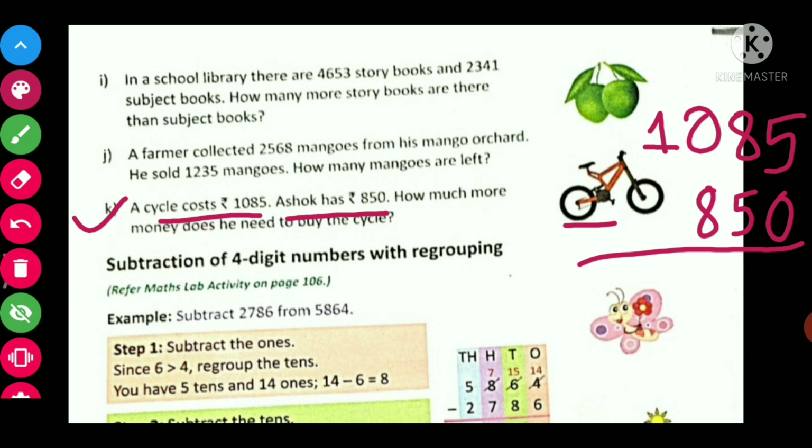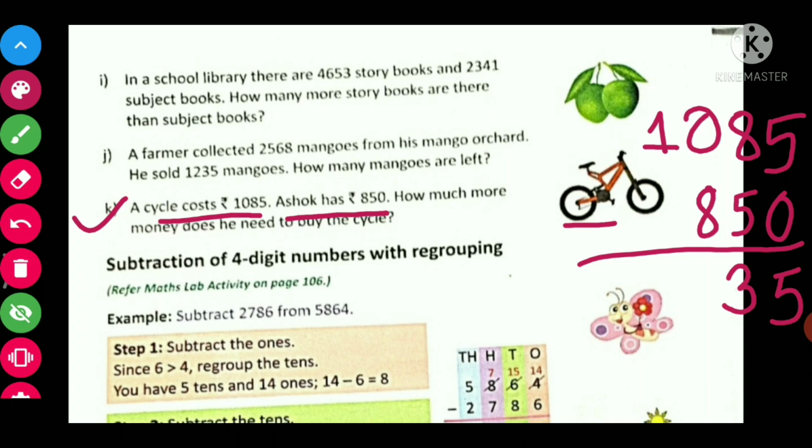Okay, so now we'll start from the 1's place value. So 5 minus 0, it will be how much? 5. 8 minus 5, it will be how much? 3. Right.